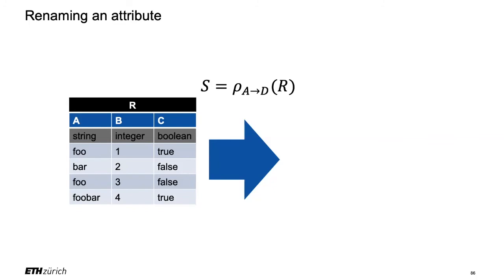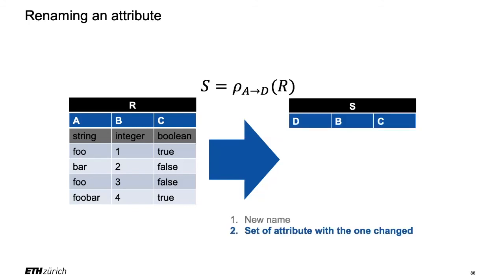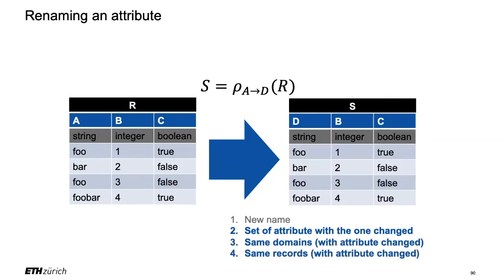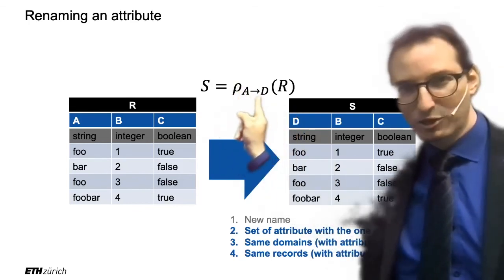Okay, we have an answer here. Attribute A is going to be called D. Yes. And the D, B, C attributes. Yes. Same table, column name is now D, that's right. Exactly, it's the same. We just change A to D, that's pretty much all that changes. And the fancy way of putting it is rho A becomes D of R.